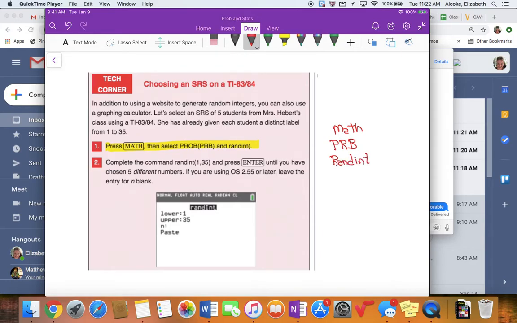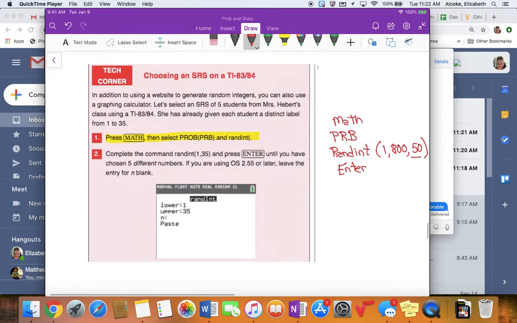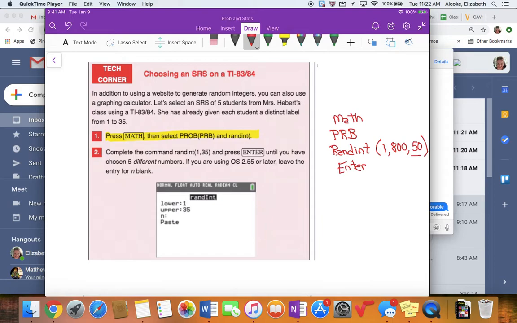If we were talking about our previous example, we would put in here 1, 800, 50. So my first student all the way up to my 800th student, and I want 50 random integers selected. When you press enter, it will give you a very large result. It would give you 50 random integers.